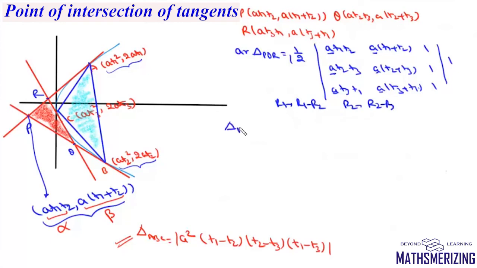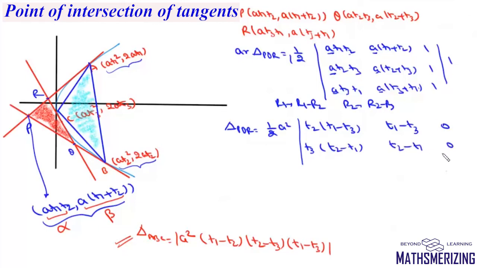So we can write this area as 1 by 2 a square, and then here we'll take t2 common, so it'll be t1 minus t3, and here also t1 minus t3, 0. Here we'll take t3 common, it'll be t2 minus t1, t2 minus t1, and 0, and then the row t3 t1, t3 plus t1, and 1. So here we can take t1 minus t3 common, and here we'll take t2 minus t1 common, and then we'll expand about the third column.